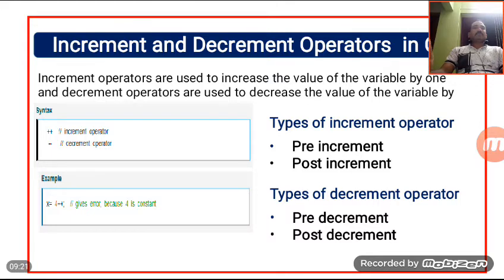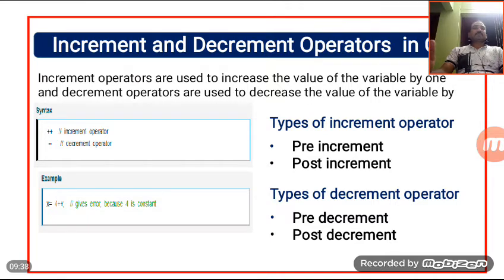There are two types of increment operator: pre-increment operator and post-increment operator. And there are two types of decrement operator: one is pre-decrement and second is post-decrement.